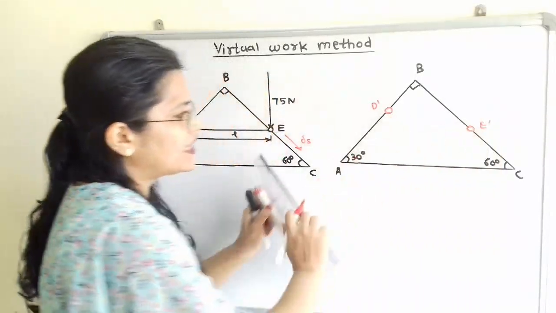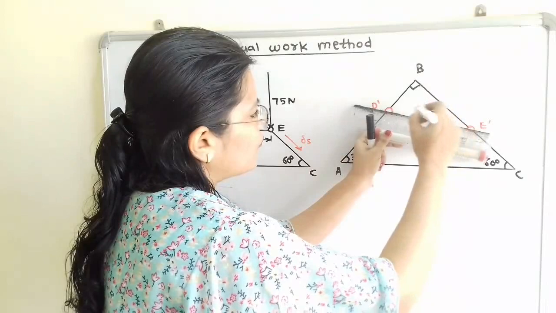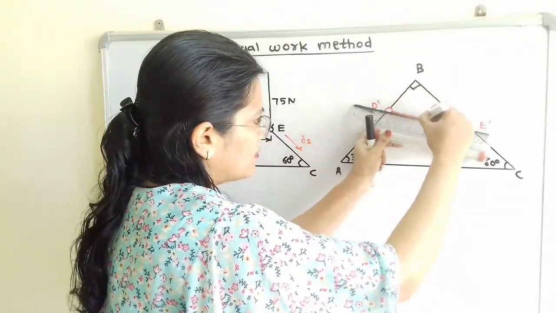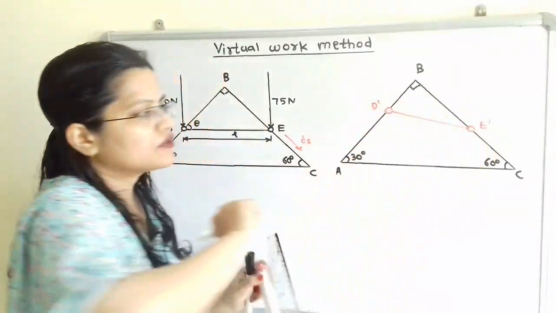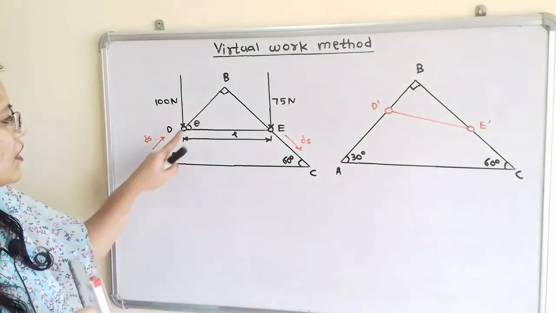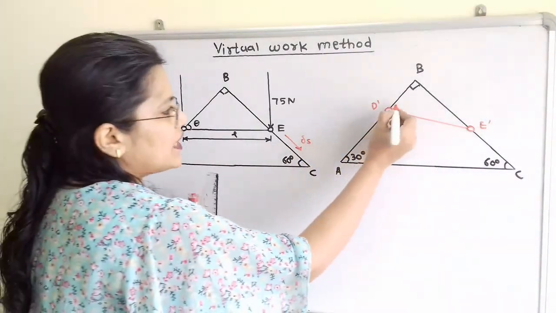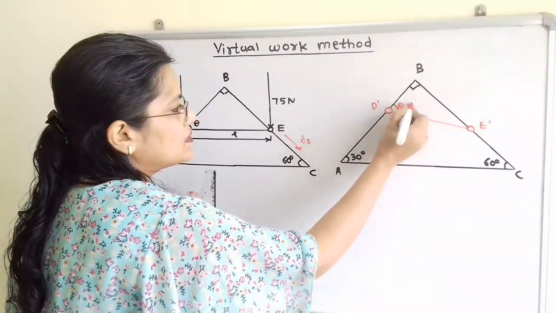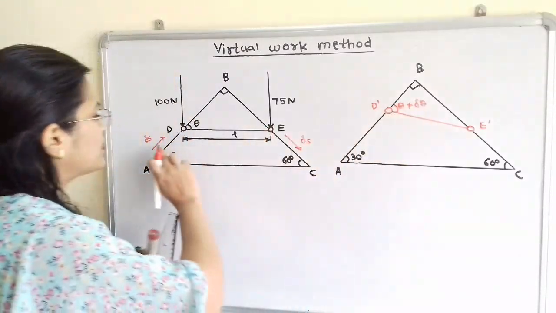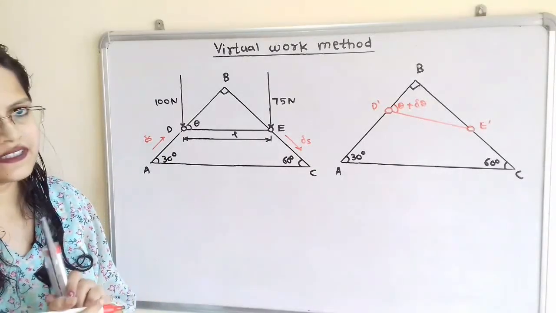D dash E dash is connected with the rod of length L. So this is the new position. Now here is the angle theta. In the new position the angle is theta plus delta theta, because the small displacement delta S is given.